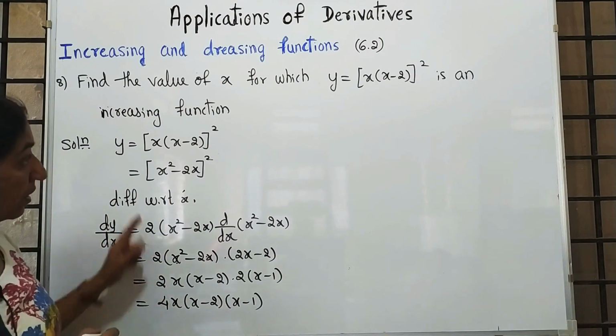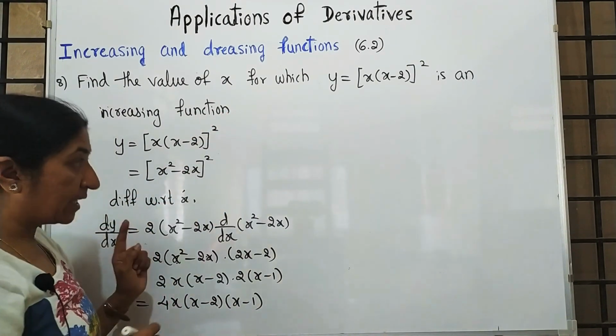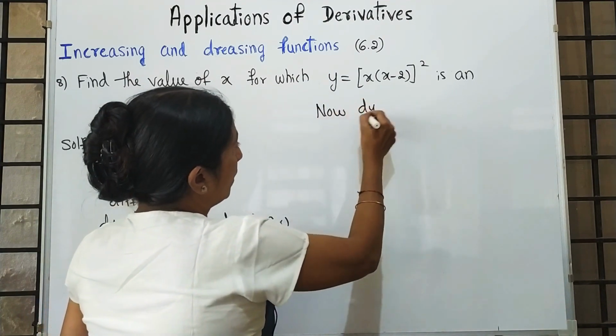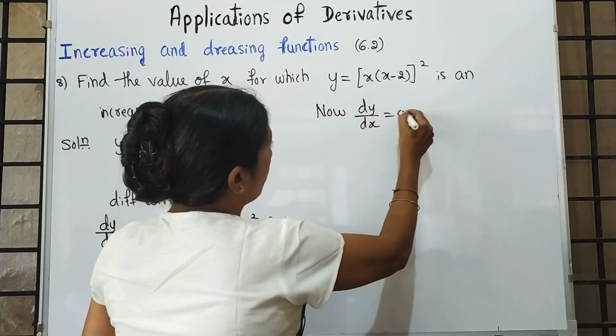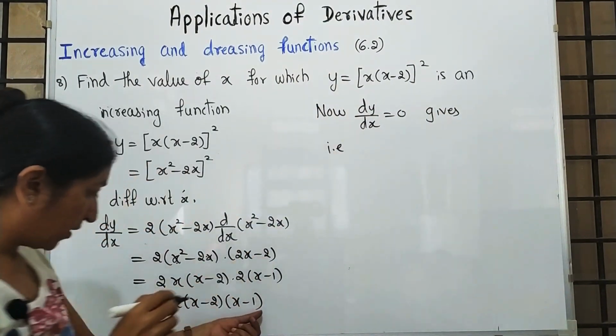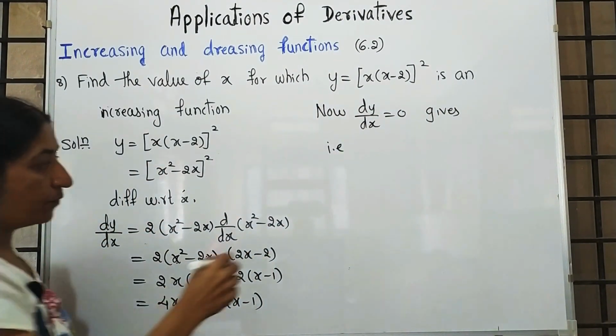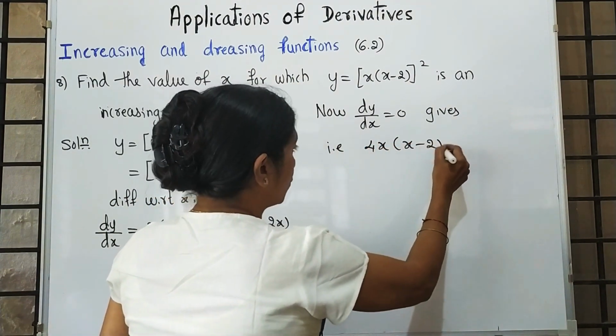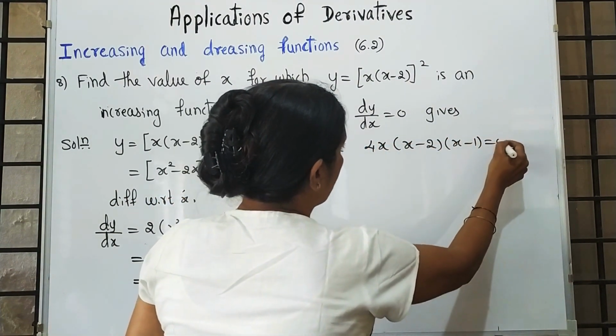So here we have to find the interval. Now dy upon dx is equal to 0 gives, what are we doing? We are equating all these 3 terms with 0. That is 4 into x minus 2, x minus 1 is 0.